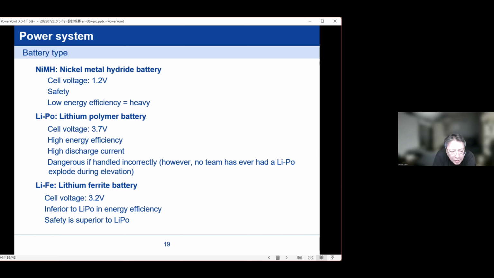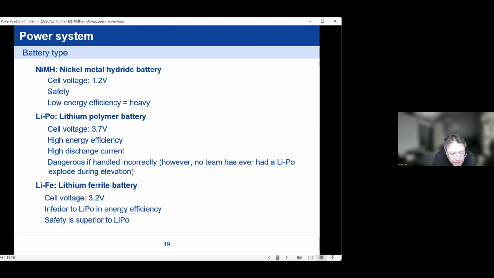However, up until now, there have been almost no cases that have caused this battery to burst into flame while in the process. It looks like this. So basically, you should be careful when charging or storing it.